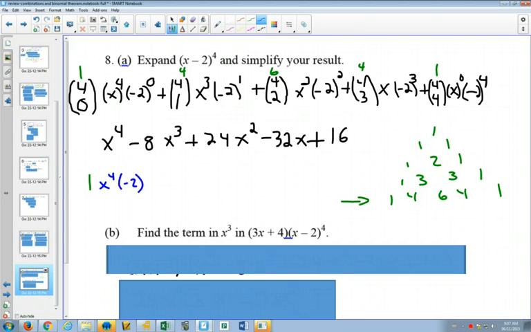x to the 4 and negative 2 to the 0, plus, then there's your 4, and you would have x to the 3 and negative 2 to the 1. Then you'd have your 6, x squared, negative 2 squared. Then you have another 4, x to the 1, negative 2 cubed.